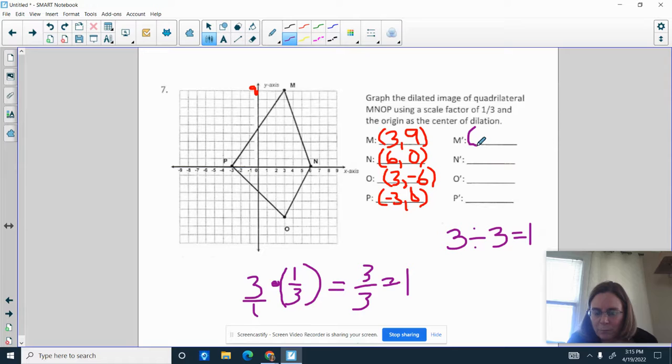So I am going to put the new coordinates here. So that's going to be 1, 3. For me, I find it easiest, instead of multiplying by 1/3, to divide by 3. So that is what I'm doing.